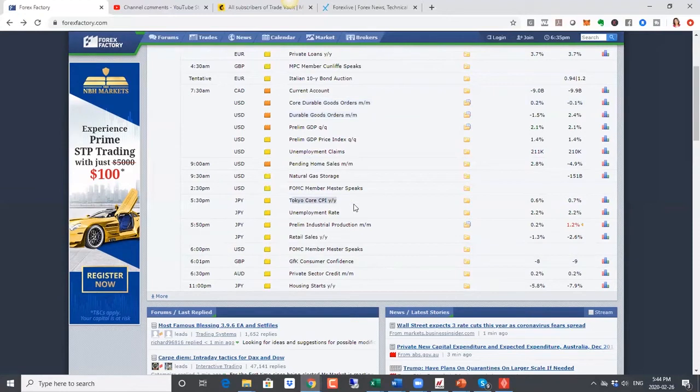And actually, this one here, CPI numbers and industrial production numbers here, these numbers will be important for Japanese yen, even though they are not marked as red, because we have seen negative numbers come out of Japan. And the concern is that the taxes are having a negative impact on the economy. So if these numbers come below expectations as well, we're likely to see Japanese yen take a further hit. So just something to be aware of. And that's it for tomorrow.